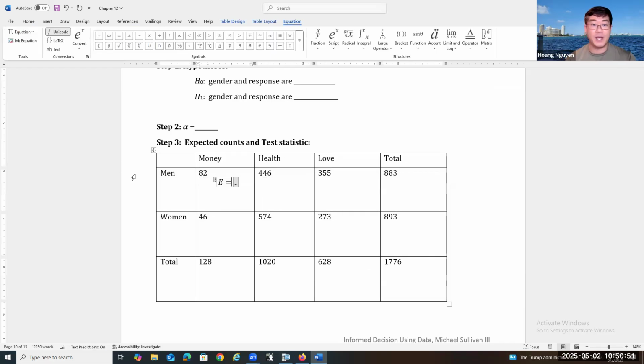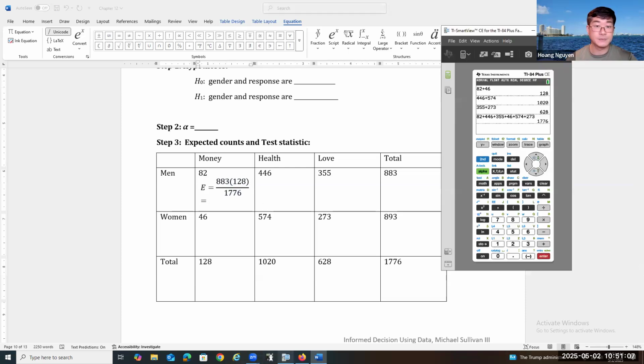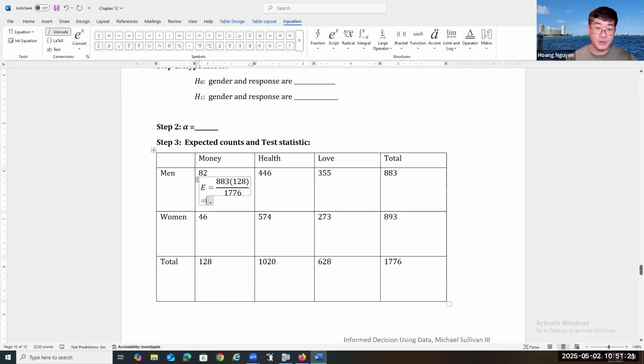For the first cell, we take the row total, 883, times the column total, 128, divided by the table total, 1776. So 883 times 128 divided by 1776 gives 63.64.